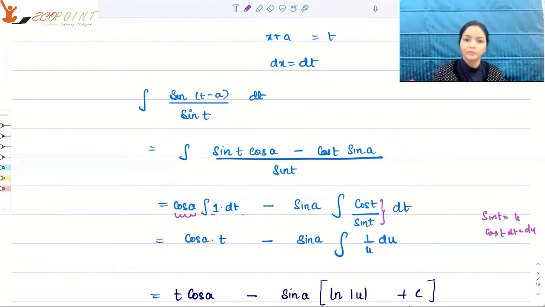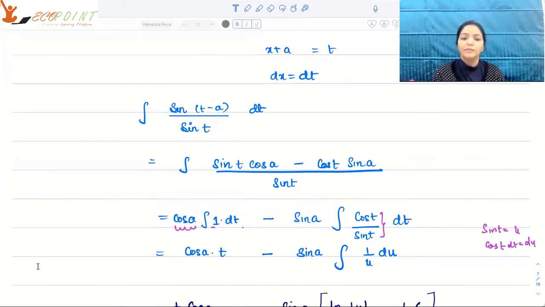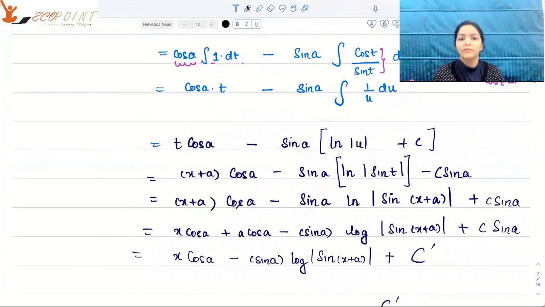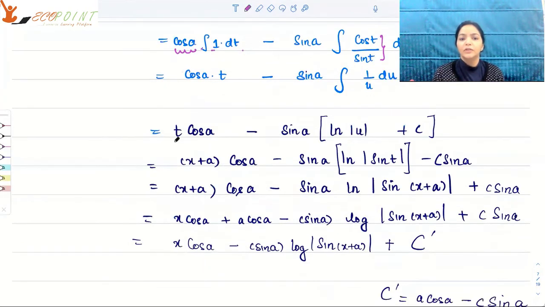u du, right? Now when you integrate it, what you have basically here is t times cos a minus sine a log modulus of u plus c. Now substitute what is u, it is sine t, so you can substitute here.